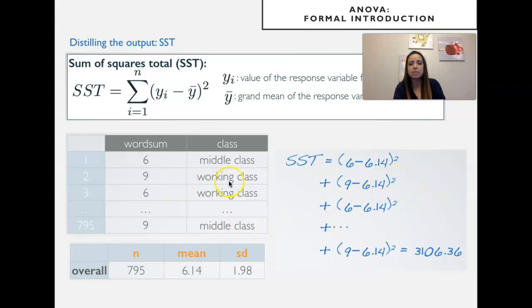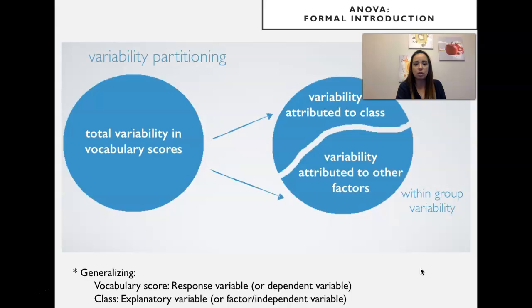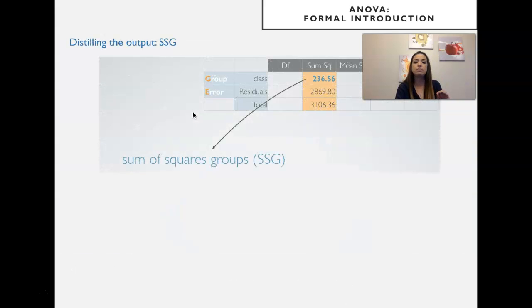What's the next score? 6. So on and so forth. And I sum them all. And this would be the value that goes on the table that we talked about. The value that will represent the total variability bucket. So this is done. We understand how we get that one. So this is how total is the total bucket of variability, and you understand how to compute it.